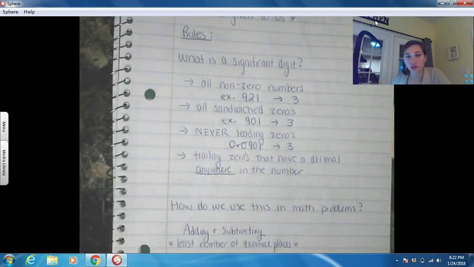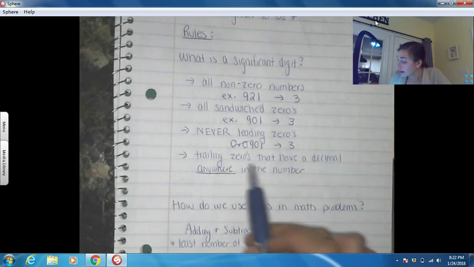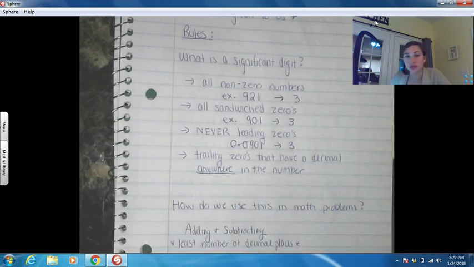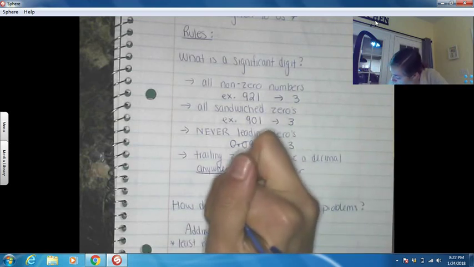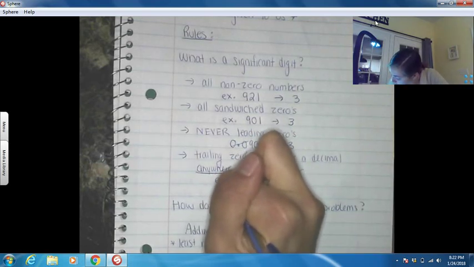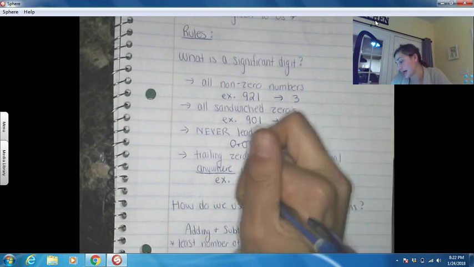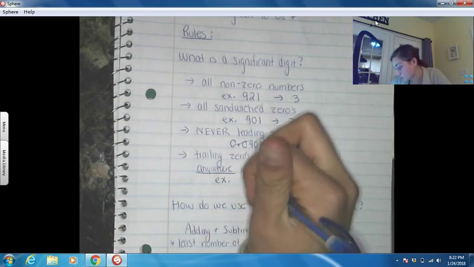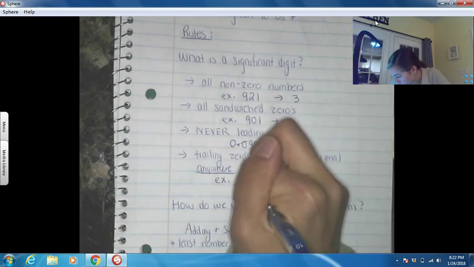Now, trailing zeros. Trailing zeros count if there is a decimal place anywhere in the number. So a trailing zero is going to be at the end of non-zero numbers. So for instance, let's say we had 3.0.